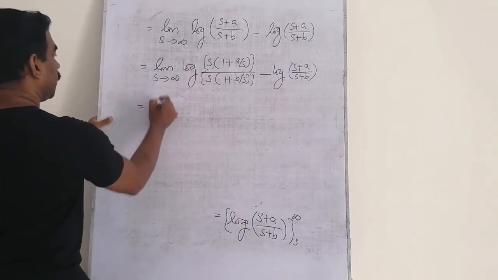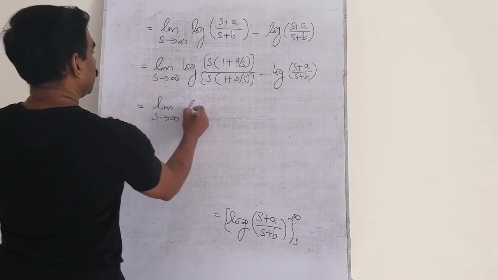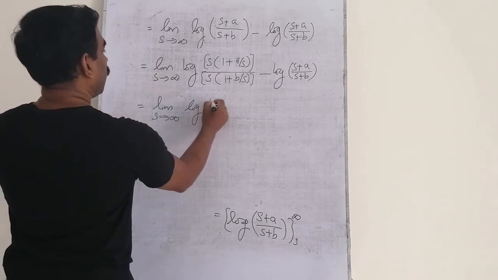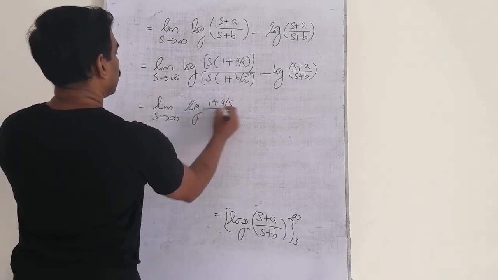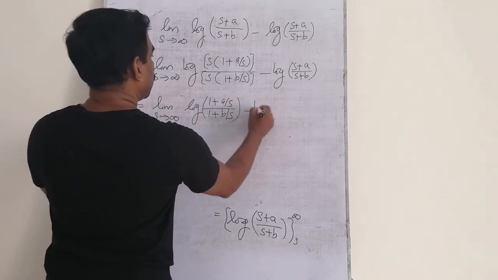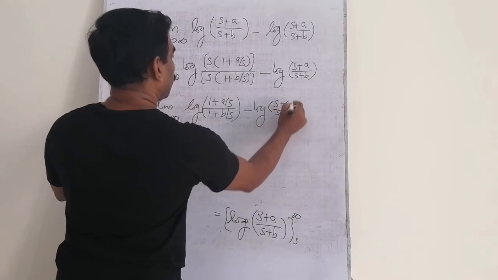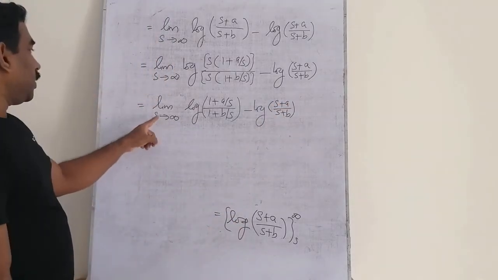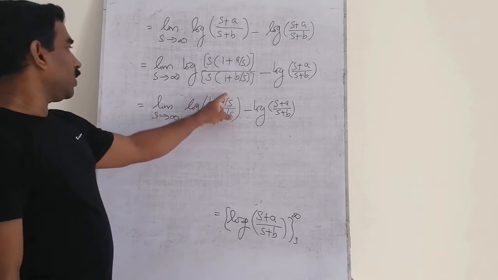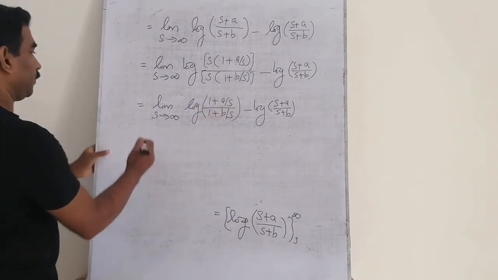Now cancel. This is equal to log of (1 plus a by s) divided by (1 plus b by s), minus log of (s plus a) divided by (s plus b). Now in the limit as s tends to infinity, the 1 by s term goes to 0, or a by s goes to 0.